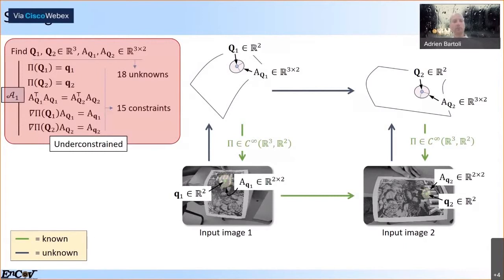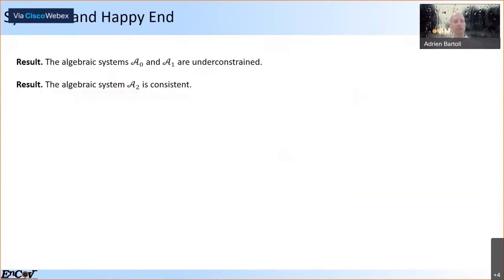There will always be more unknowns than constraints. So the way to go is to add orders, actually, to differentiate the surface more than that. And so it means looking a bit further around the point on the surface.